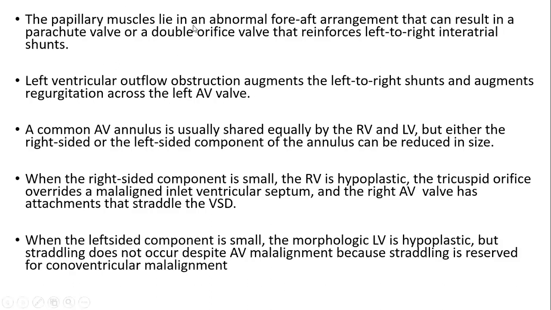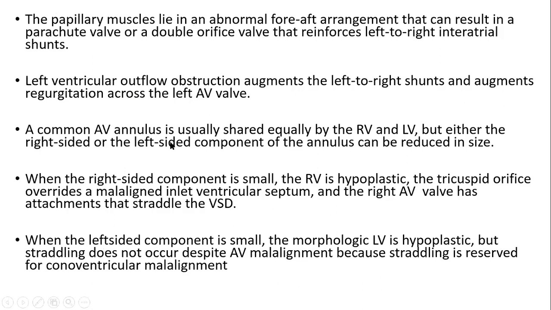The papillary muscles can have an abnormal arrangement, so it can cause a parachute valve because of the close approximation of the papillary muscles, but it can also cause a double orifice of the left ventricular inflow, leading to left to right shunts. And there is LVOT obstruction, which also contributes to the AV valve regurgitation.